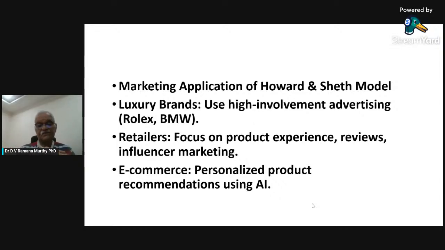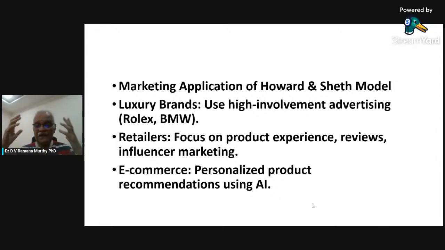If it comes to electronic commerce, like the apps of Amazon or whatever you call it, and the company's apps for that matter, they create personalized product recommendations using artificial intelligence. When you receive a mail personally, dear so and so, we have this product, you feel intimate.